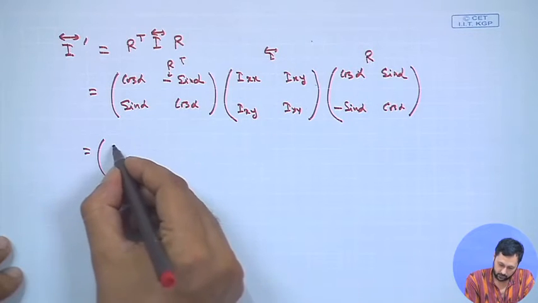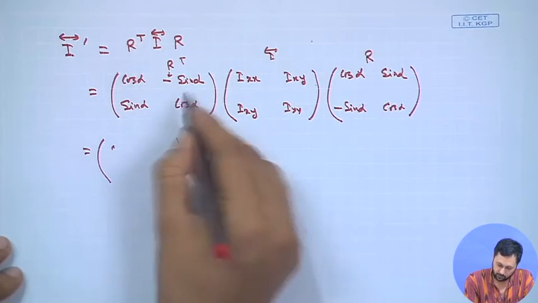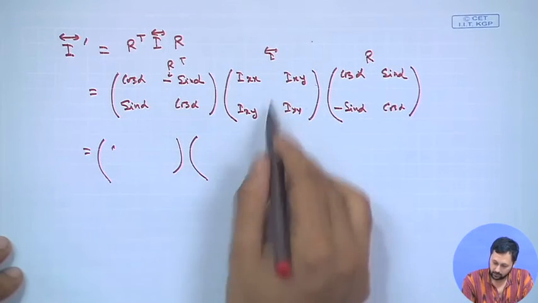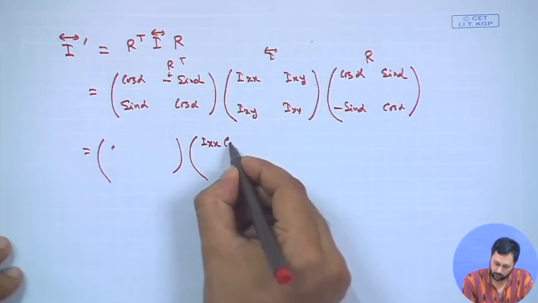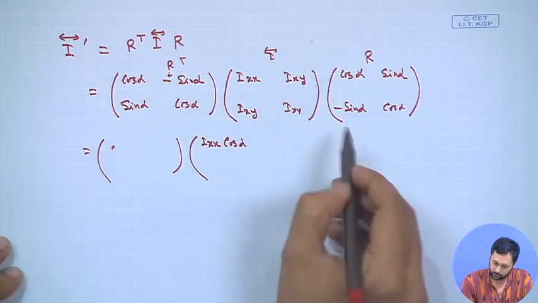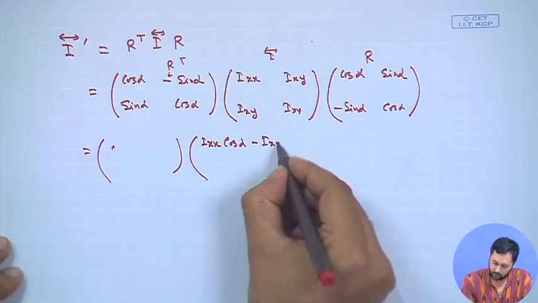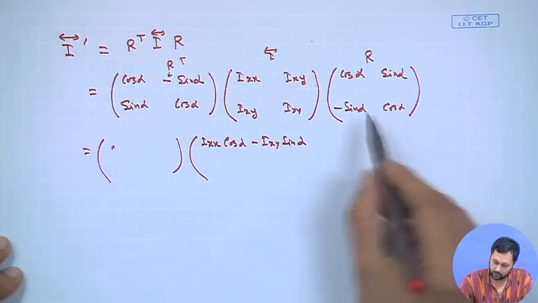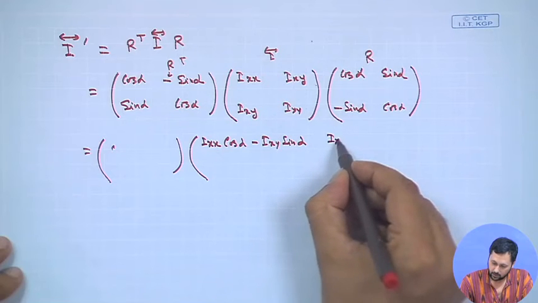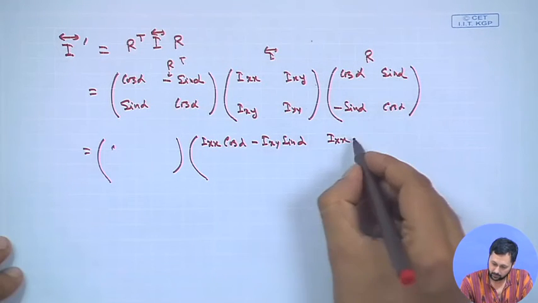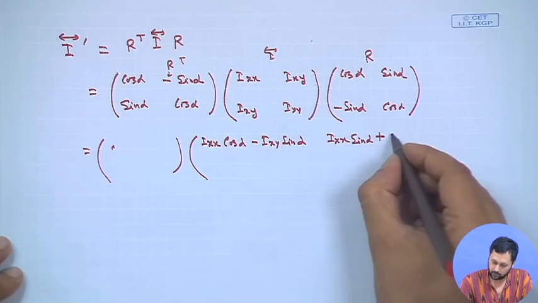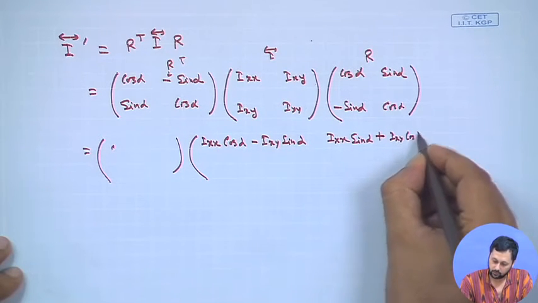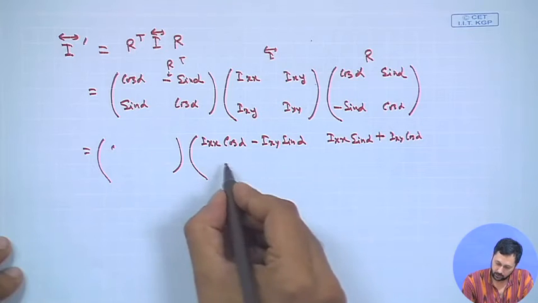Now let's execute it. So we keep this as it is. Second term will be Ixx cos alpha minus Ixy sin alpha, Ixx sin alpha plus Ixy cos alpha, okay.